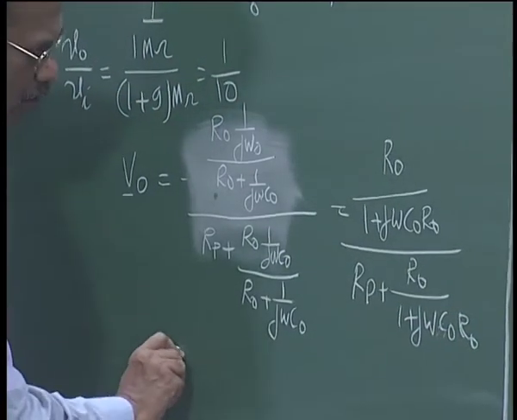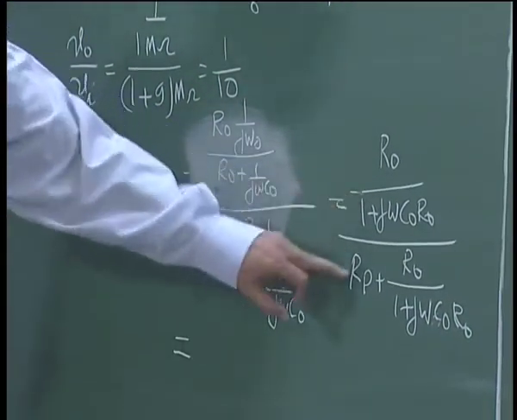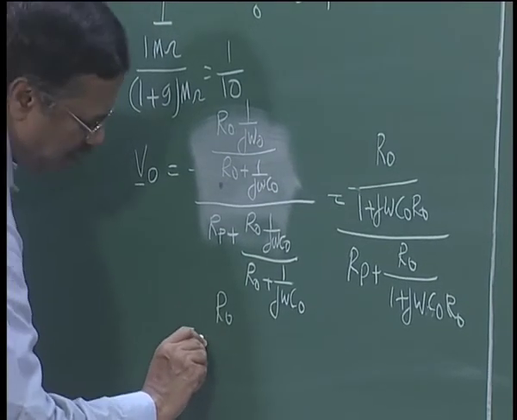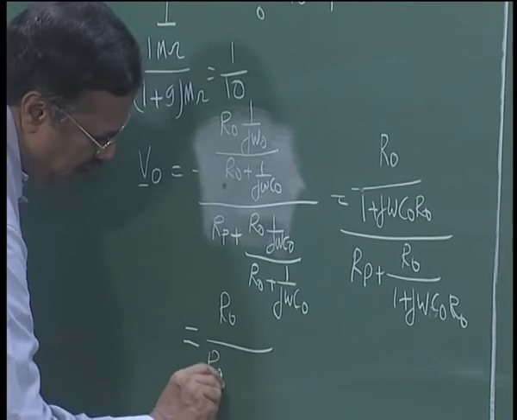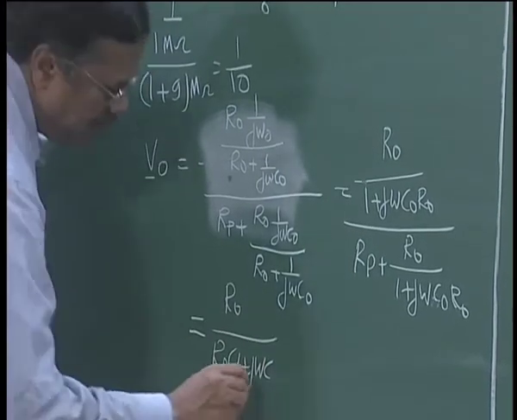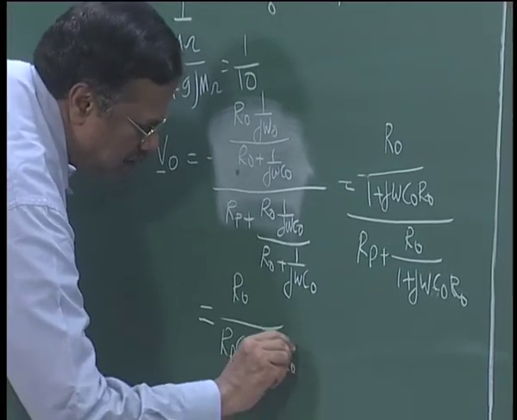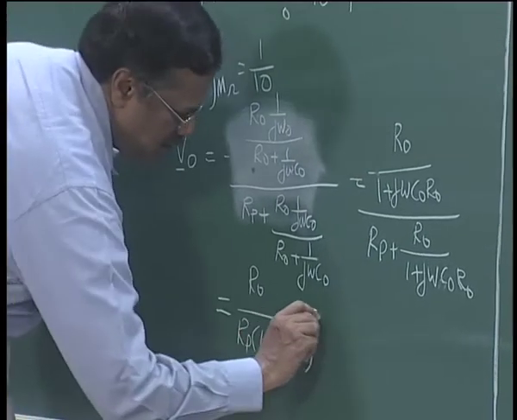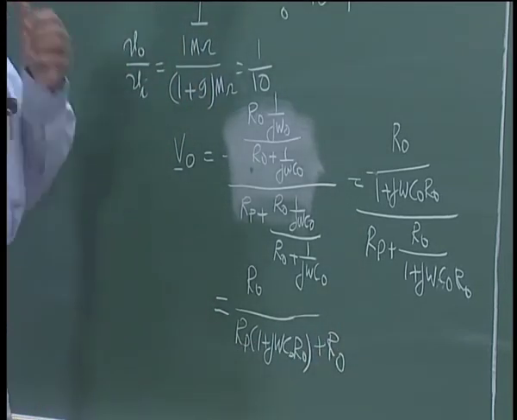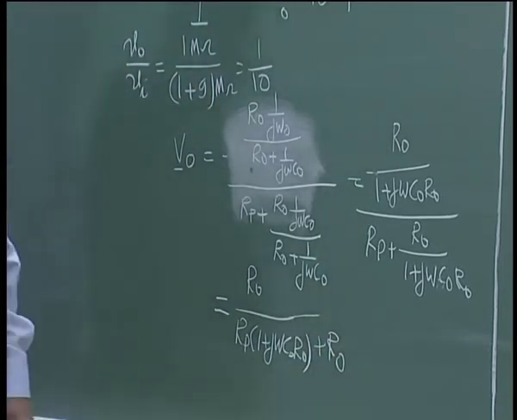So, this works out to, if I bring this here, R naught divided by Rp into 1 plus j omega C naught R naught, plus R naught, right.